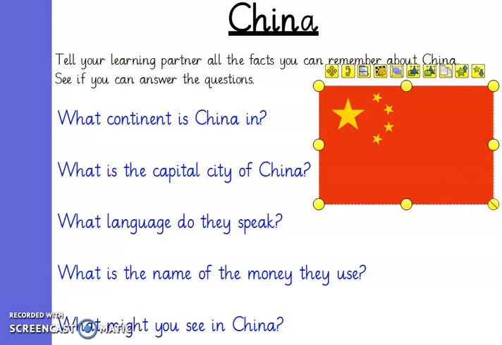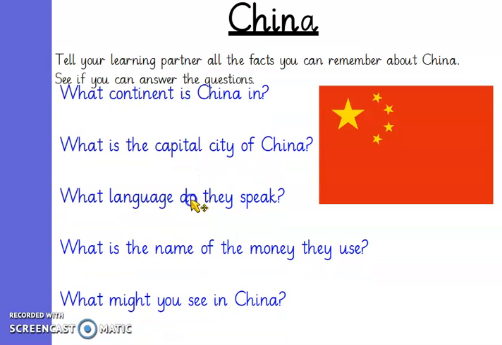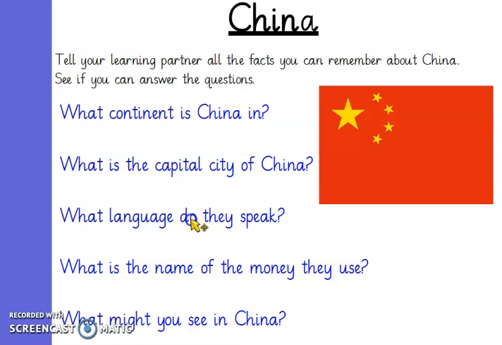What is the capital city of China? Beijing. What language do they speak in China? Mandarin. What is the name of the money they use? Yuans.